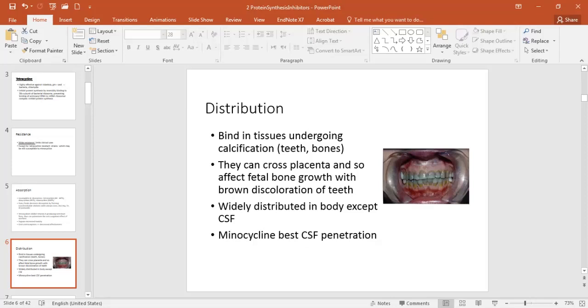They can cross the placenta and so affect fetal bone growth, with brown discoloration of teeth. They are widely distributed in the body except the CSF, and minocycline has the best CSF penetration as compared with tetracycline or doxycycline.